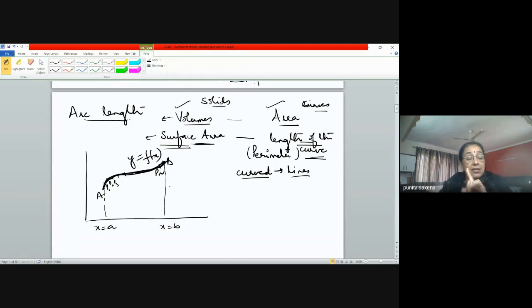This is very understandable because tangent lines are nothing but linear approximations to the curves.